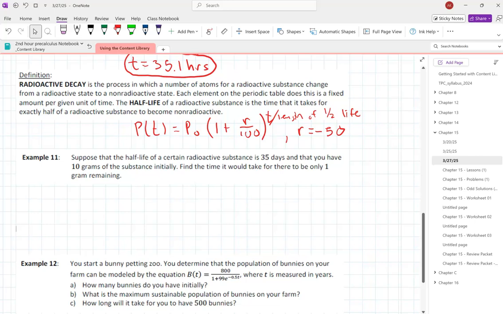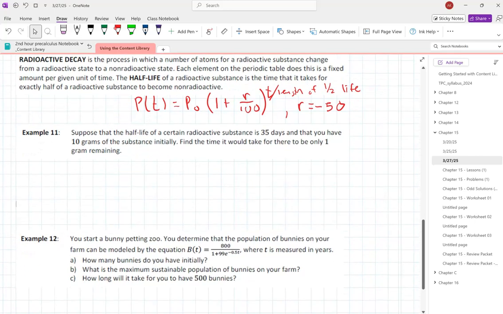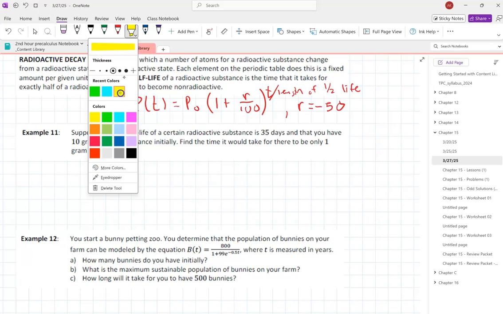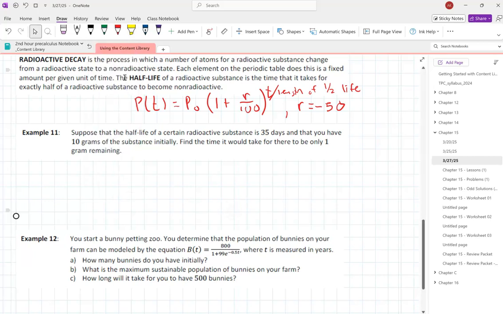All right. Let's do some examples here. Suppose the half-life of a certain radioactive substance is 35 days, and that you have 10 grams of the substance initially. Find the time it would take for only 1 gram to be remaining. Okay? Well, I know that that's my initial amount.